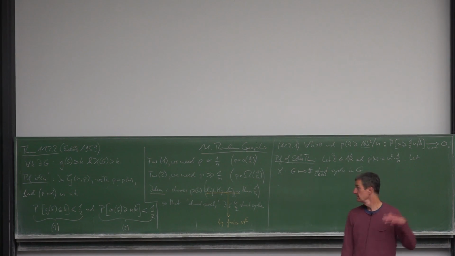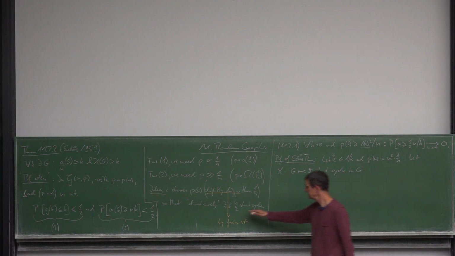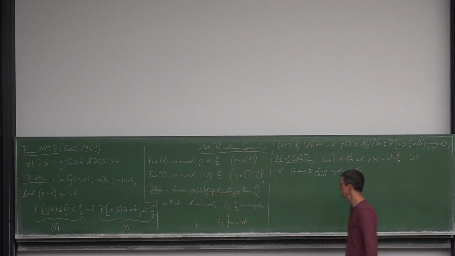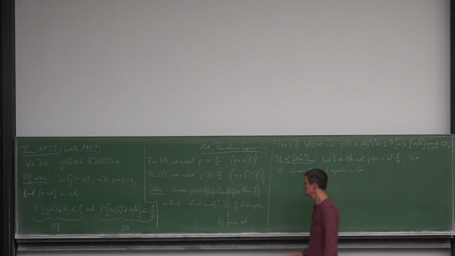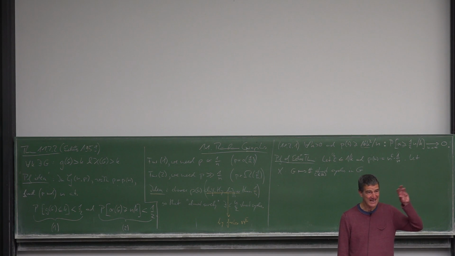We want the number of short cycles to be small, less than half. So we want the probability that there are at least half n short cycles to be small. And we want to use Markov for that. So the little a in Markov is going to be half n. All right? Okay, so let's compute the expectation.